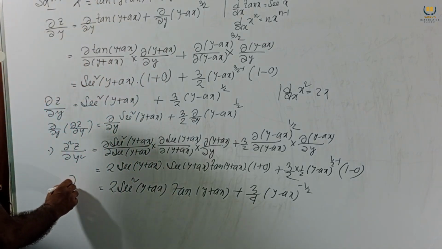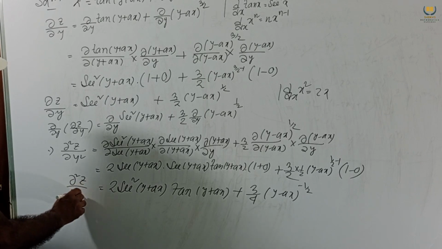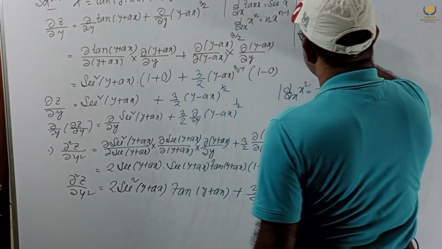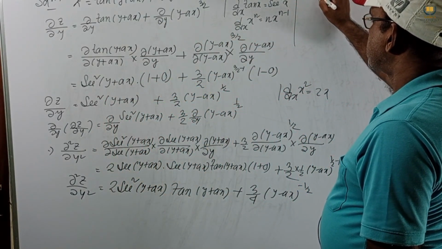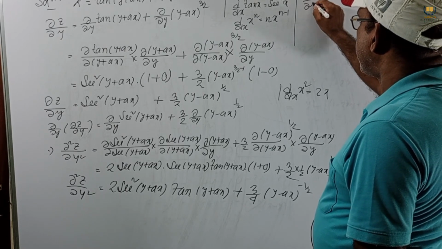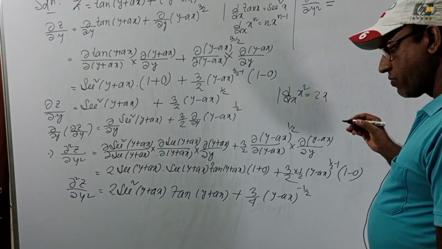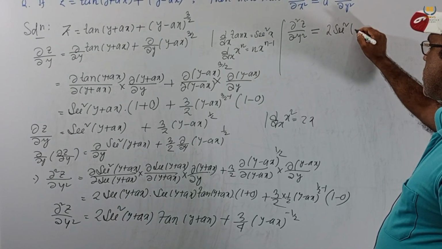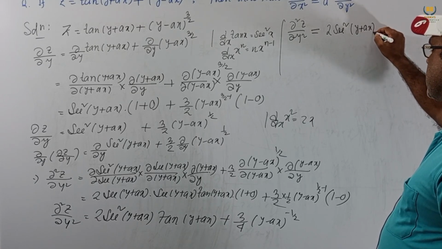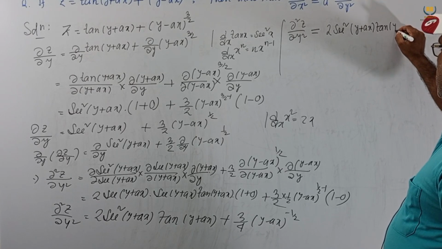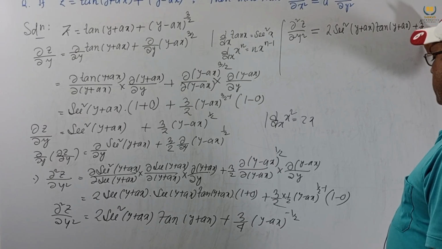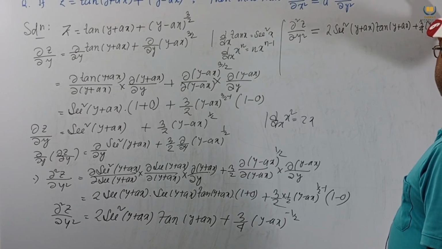This is del square z by del y square. Now I want to write the result here. So del square z by del y square, this result we get: 2 times sec square (y plus ax) into tan(y plus ax) plus 3 by 4 (y minus ax) to the power minus 1 by 2.